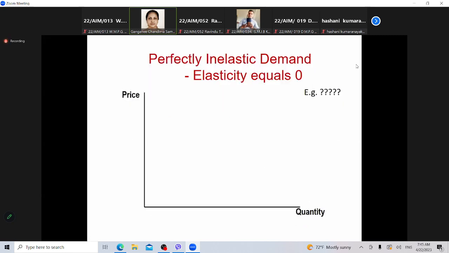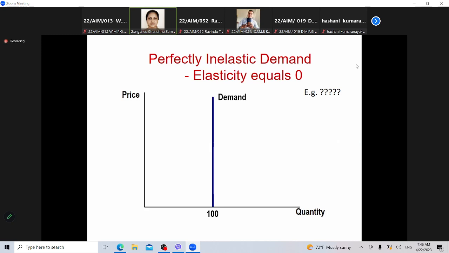Okay, so perfectly inelastic means, if inelastic is somewhat parallel to the y-axis, as we know, perfectly inelastic is exactly parallel to the y-axis, because here you can see the change of quantity is 0, no change at all.